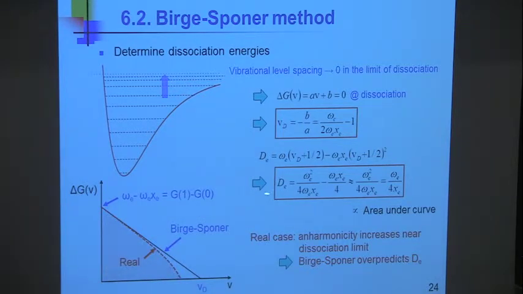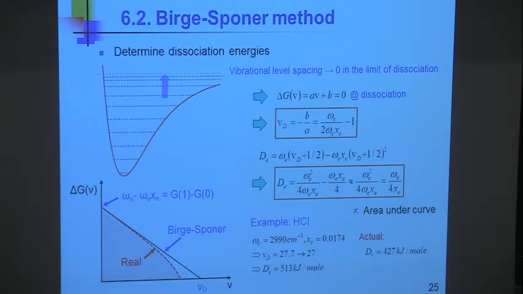Now, the real case. The real case is that as you go up in V, it becomes more and more anharmonic. The result of that is this simple model over-predicts the dissociation energy by 15, 20%. Here's the example. Here's hydrogen chloride. If you take the spectra, the first few lines, you can solve for these numbers, and you get 513 kilojoules.